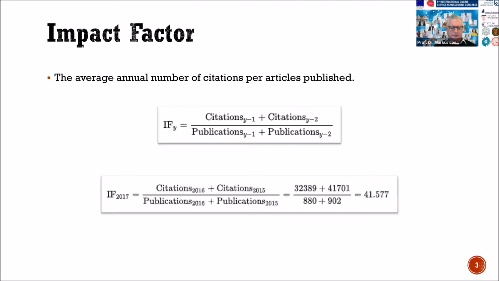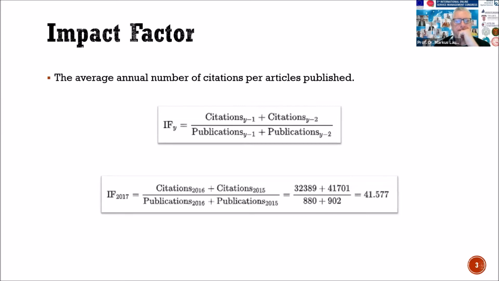For example, this is the impact factor for the Nature journal, and I believe that all of you are aware of the Nature journal. This is the impact factor of the journal in 2017. It's calculated by the summation of the total citations in 2016 and 15 divided by the number of publications in these 2 years.